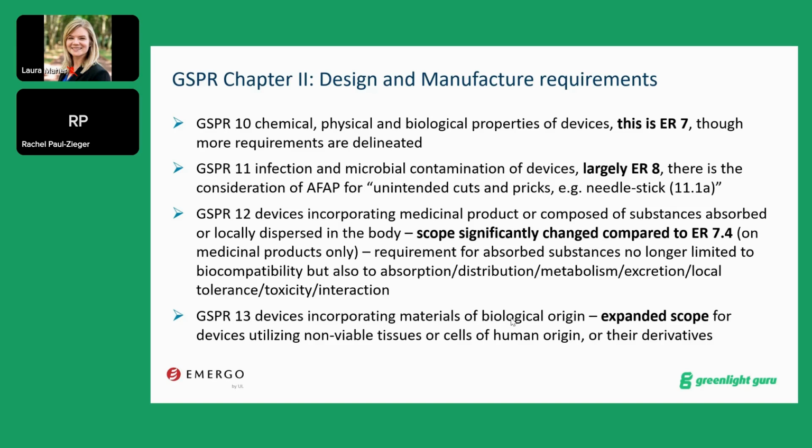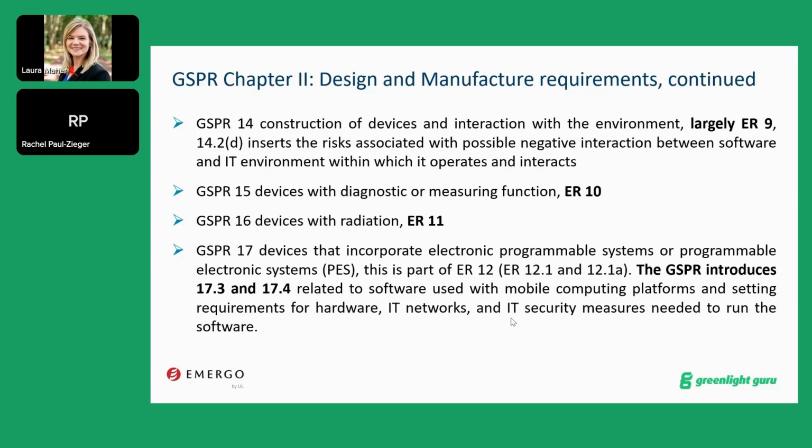GSPR 12, the scope is significantly changed compared to the ER 7.4. The requirements are more extended now. GSPR 13, you also have a more expanded scope. So this must be taken into consideration.